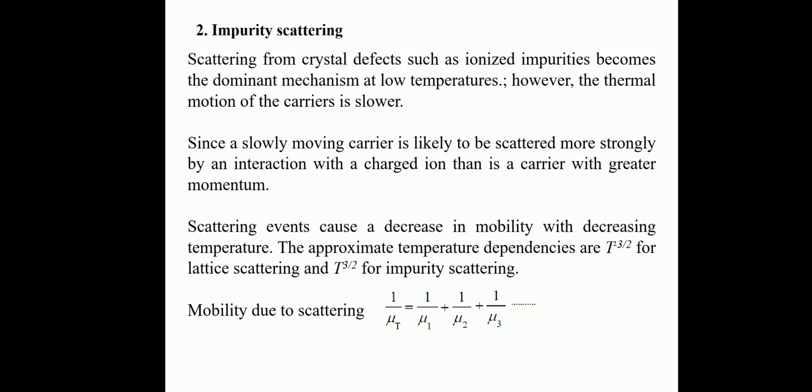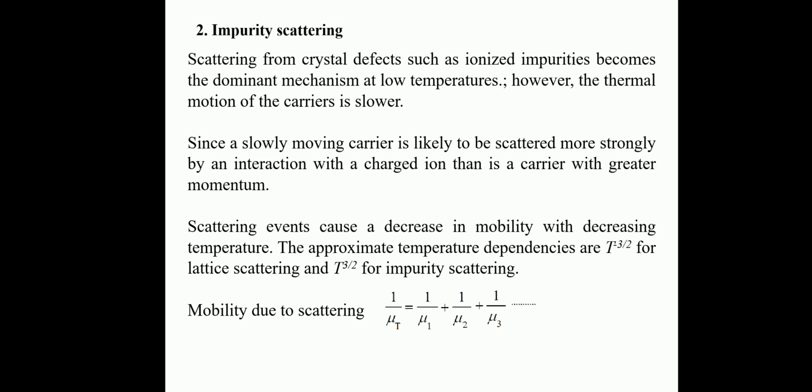Next is impurity scattering, that is scattering from crystal defects such as ionized impurities, and this mechanism becomes predominant at low temperature. The thermal motion of the charged particles is very slow, so the slowly moving particles undergo stronger scattering. So this scattering causes a decrease in mobility with decreasing temperature.